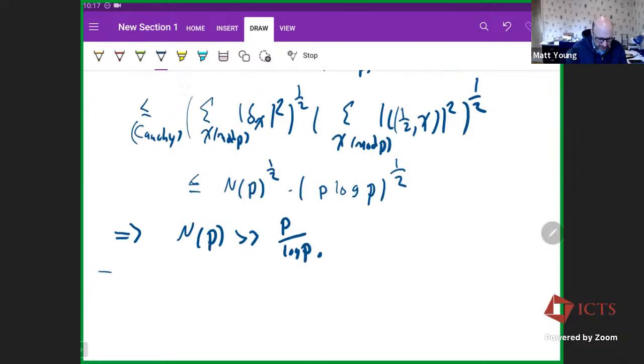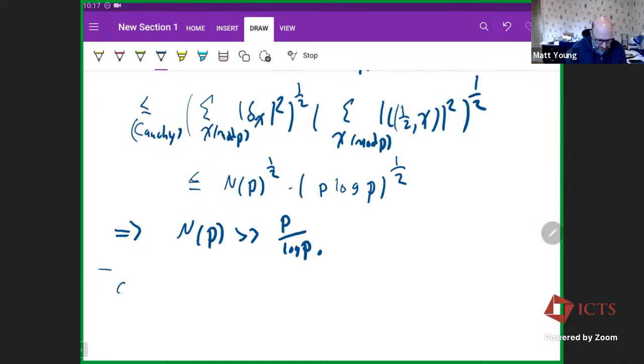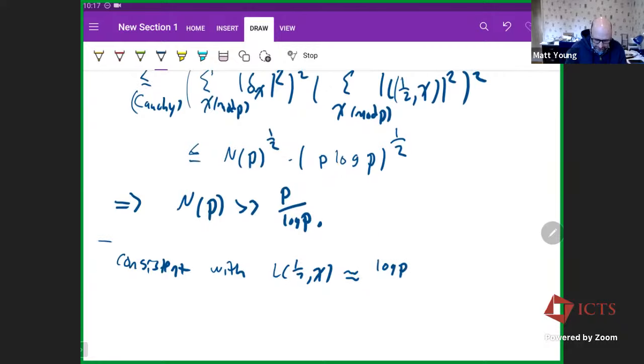One thing I can say is that you can't really improve on this, because it's consistent with L of 1/2 chi being of size log of P for P over log P chi's and 0 for the rest.